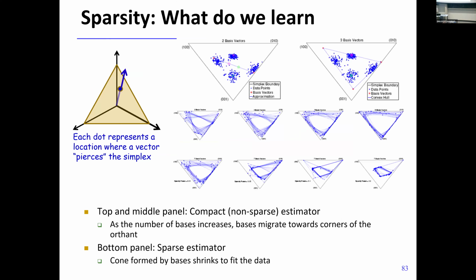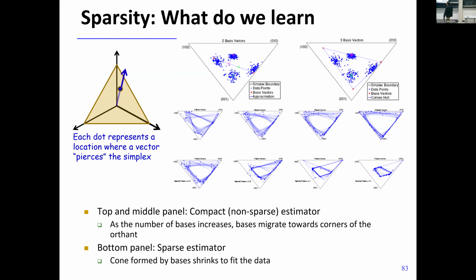Just as an example, I have a bunch of data. Since it's hard to visualize these things, I drew a plane which went through the points (1,0,0), (0,1,0), (0,0,1), a triangle. This is the unit plane. You can think of every data point as a vector that's going to pierce through this plane because they're all non-negative, right? And these are the points.